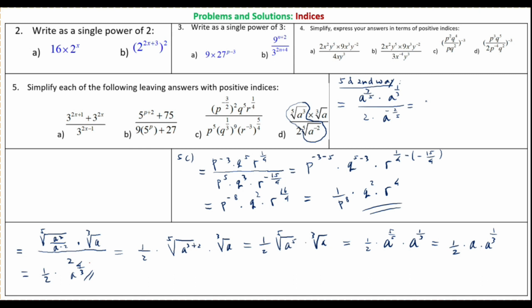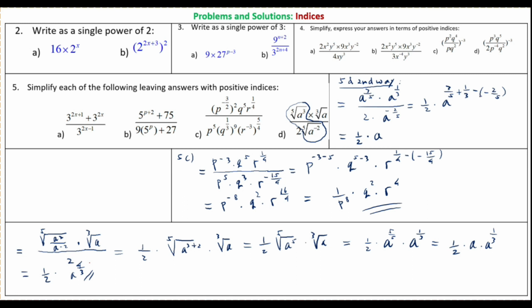So that equals 1 over 2 times a to the power of 3 over 5 plus 1 over 3 minus, we've got minus 2 over 5, which equals 1 over 2 times a to the power of 3 over 5 minus minus becomes plus.